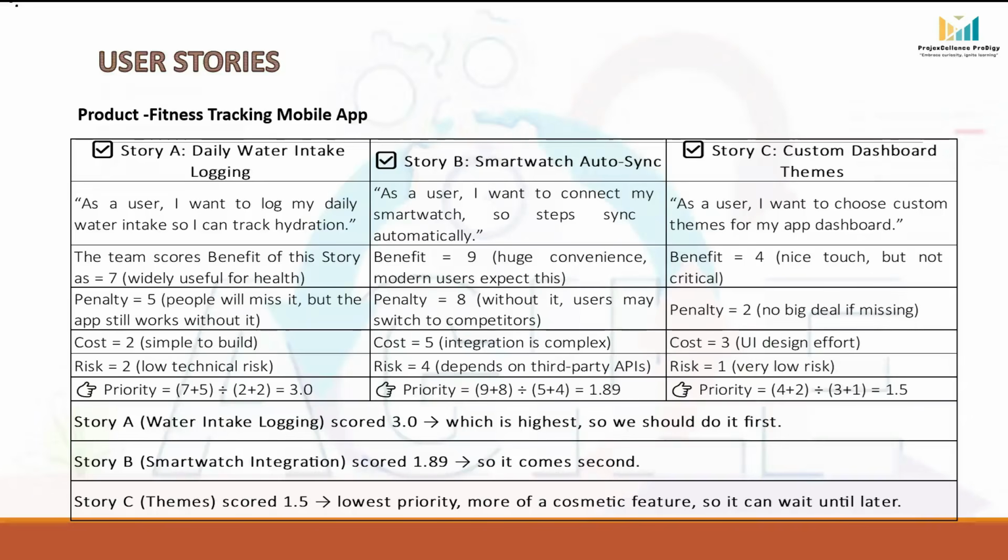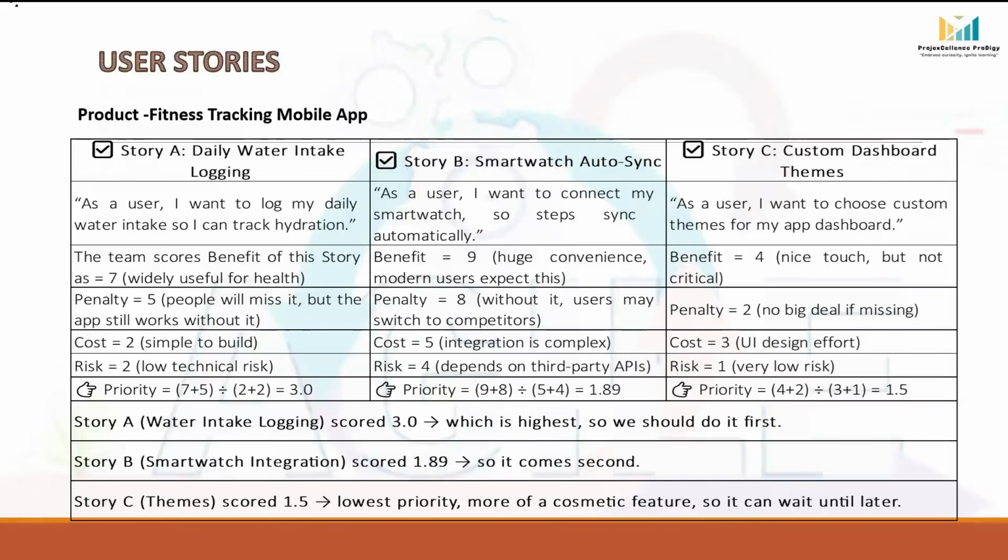Similarly, we have another story, story B, smartwatch auto sync. As a user, I want to connect my smartwatch so steps sync automatically. So the team scores benefit as 9 because it's a huge convenience and modern users expect this. And penalty they score 8. Without it, users may switch to the competitors.